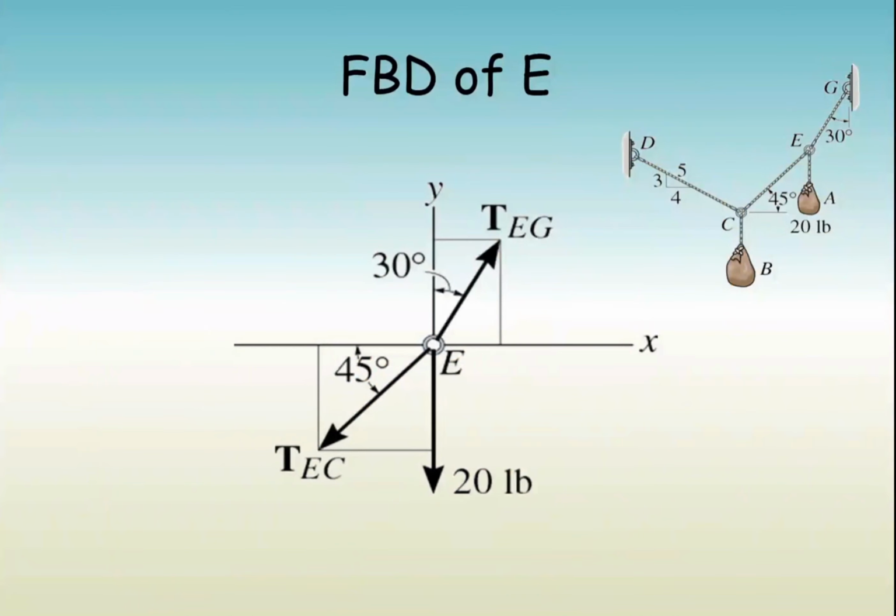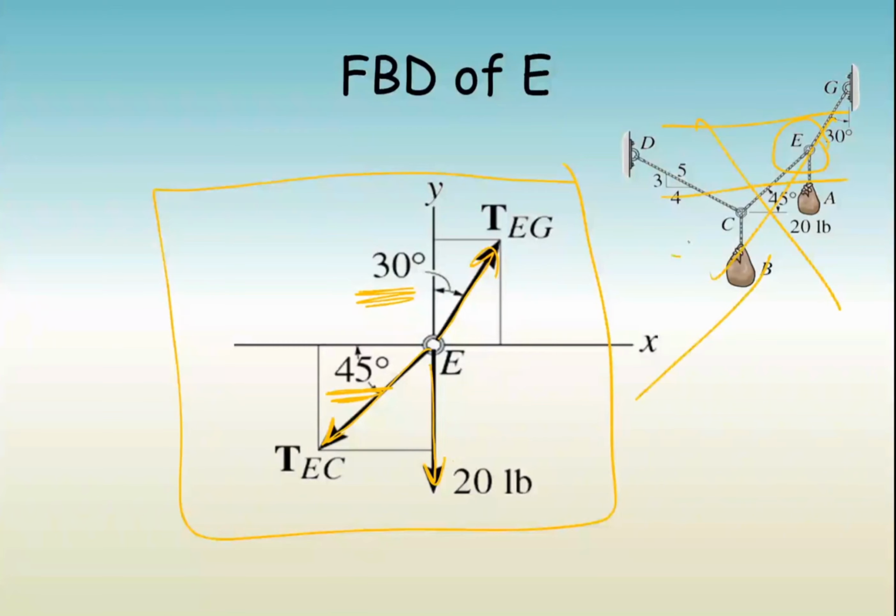Similarly, if you have to draw the free-body diagram of point E, I will draw a circle, cut it off from the surrounding, and then put all my forces on that particle. Once I put all the information, I do not look back to the picture. I just concentrate on this free-body diagram and apply the equation of equilibrium on it. And then I will find the unknowns if I want to calculate.